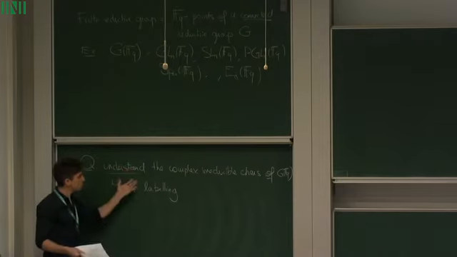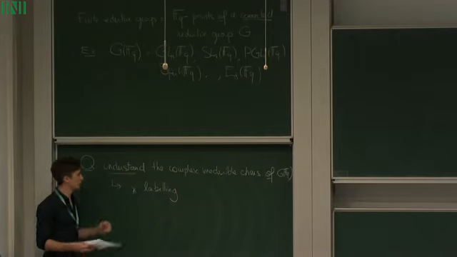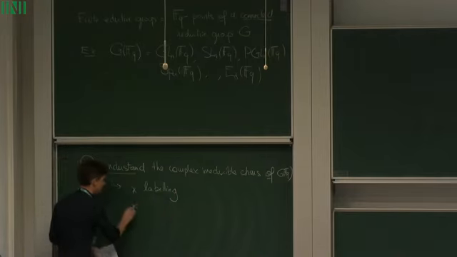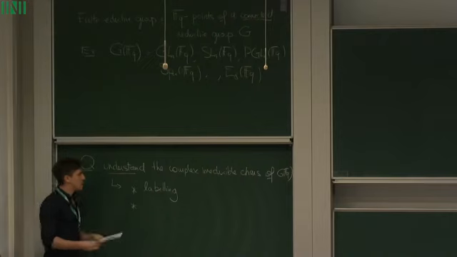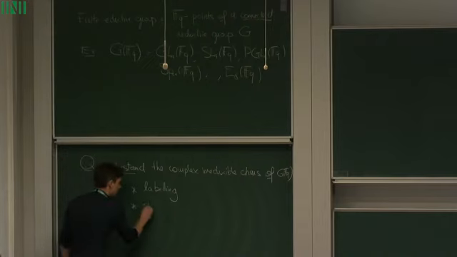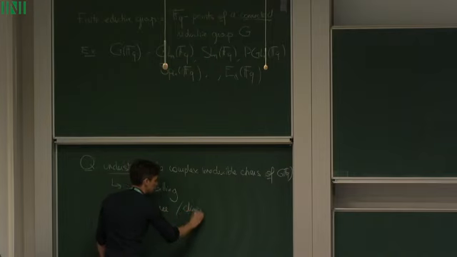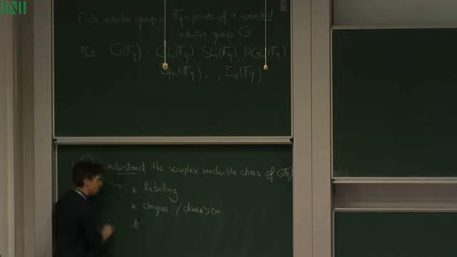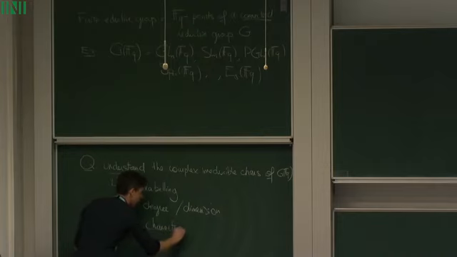But this one will have to do with the parameterization of conjugacy classes, as we will see. And given that labeling, being able to tell the degree of the character, that is the dimension of the representation, and ultimately trying to be able to compute the character table of these groups, so the character values of the irreducible characters.